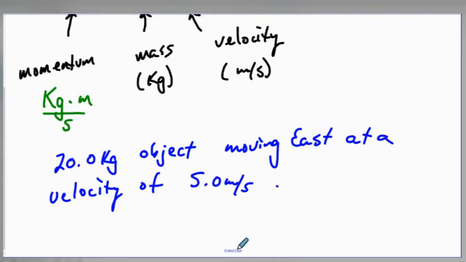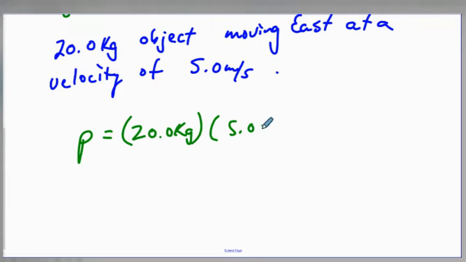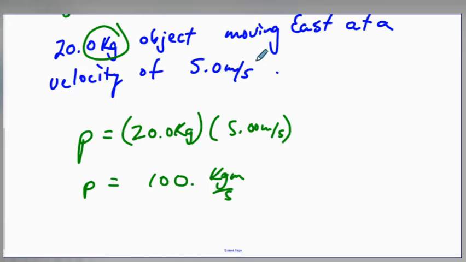And the momentum is quite simply going to be the 20 kilograms multiplied by 5 meters per second. The momentum here would be 100. Well, let's add another 0 there just to give us significant digits. 100 kilogram meters per second. Be sure that we've got the units in our proper fundamental units of kilograms and meters per second.